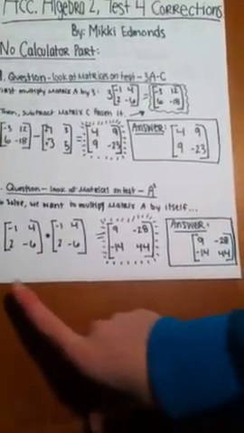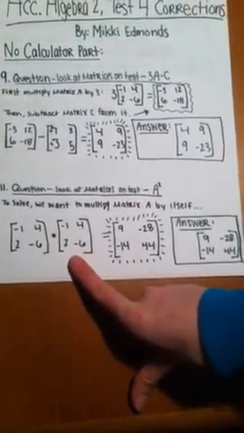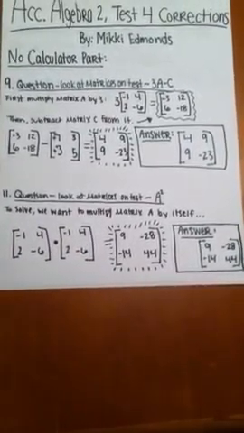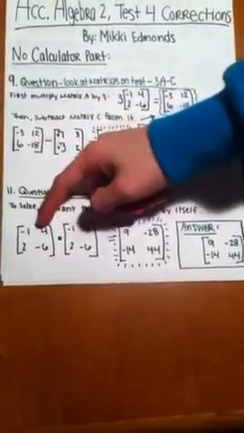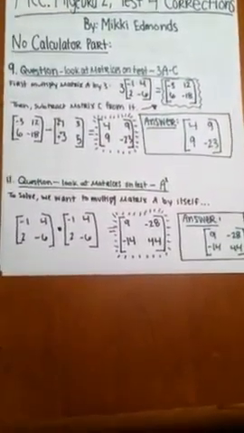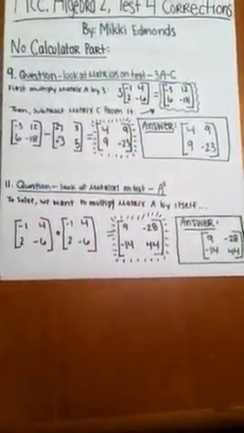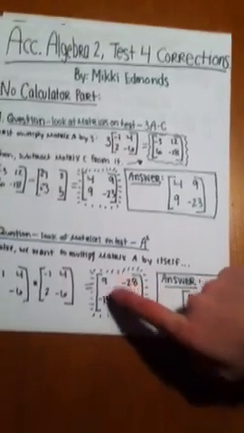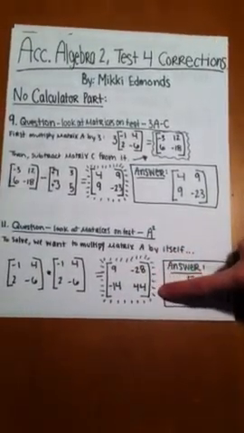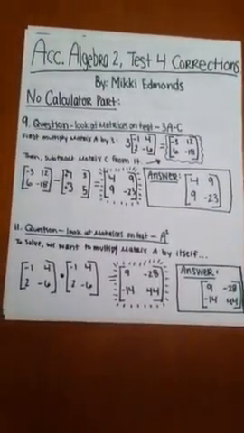So I did matrix A times matrix A. On the test, I accidentally did -1 times -1 is equal to 1, 4 times 4 is equal to 16, instead of doing the row and column multiplication. I did it correctly this time, and I got 9, -14, -28, 44 for my answer.